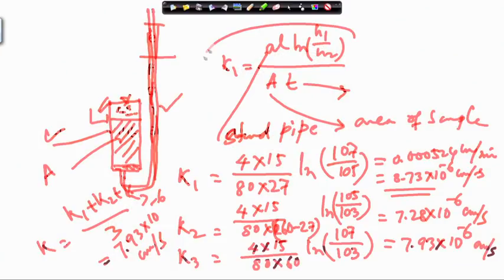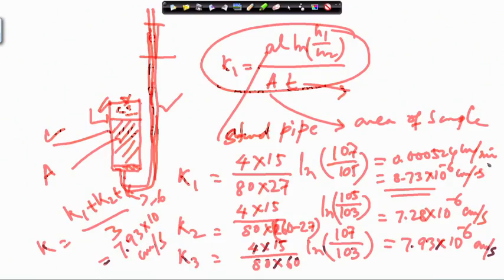So, the main application here is using this equation, that is a L ln H1 by H2 by A T, where small a is the cross section of the standpipe and capital A is the cross section area of the sample and T is the time interval over which the head drops from H1 to H2, and what is H1 and what is H2 has to be observed.